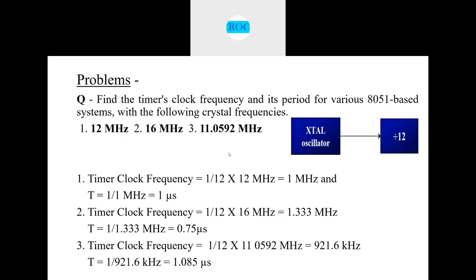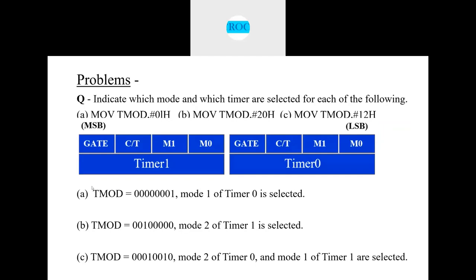One of the reasons why we use an 11.0592 megahertz clock source is that, in order to communicate with systems like IBM PCs, having this as a crystal frequency will generate a baud rate which will have minimum error or no error in communicating with the IBM PC. That's the reason we use the crystal frequency of 11.0592 megahertz, right?